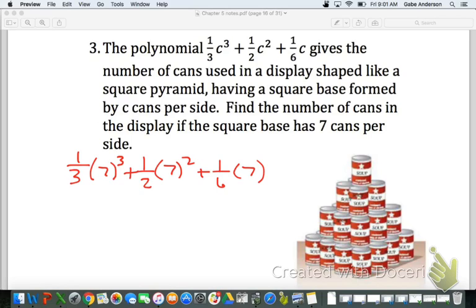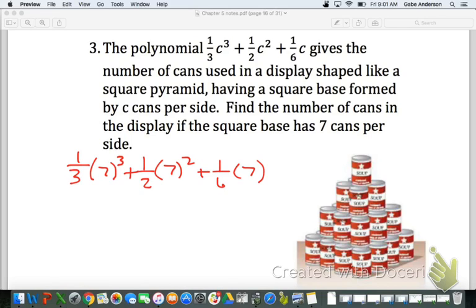Avery, question. I'm going to ask why you plug in 7 for each C, because aren't the levels different? They are. But what we're told, and we didn't see the proof of this, is that polynomial gives the number of cans used in a whole display based on having a square pyramid shape.